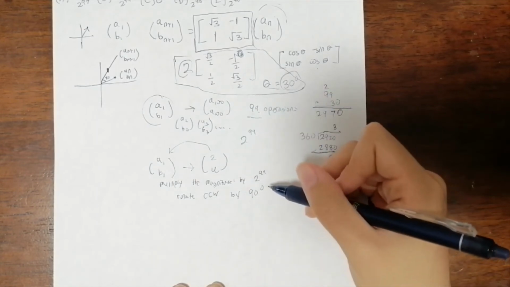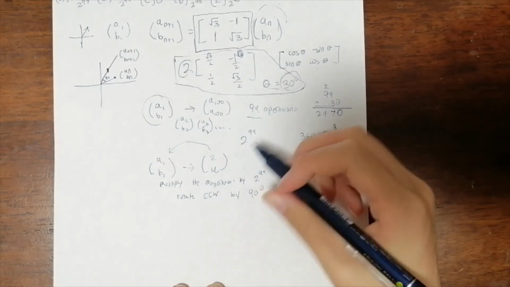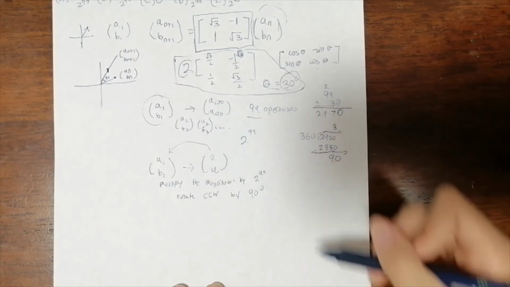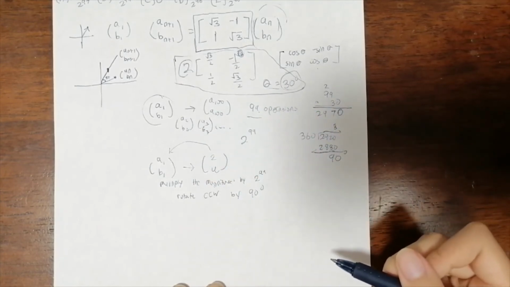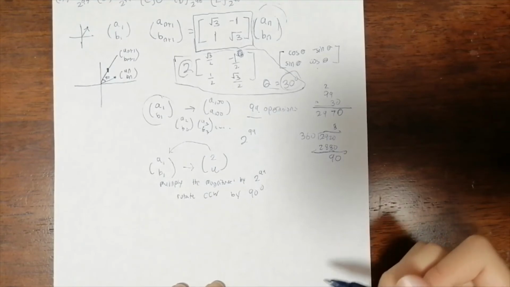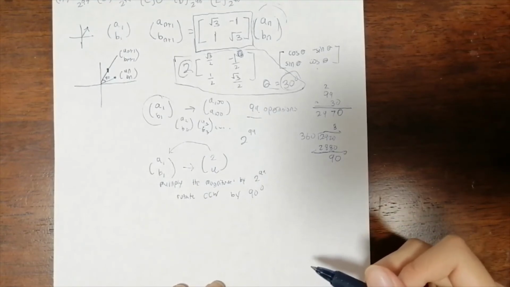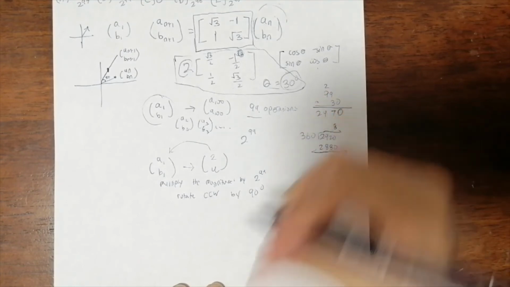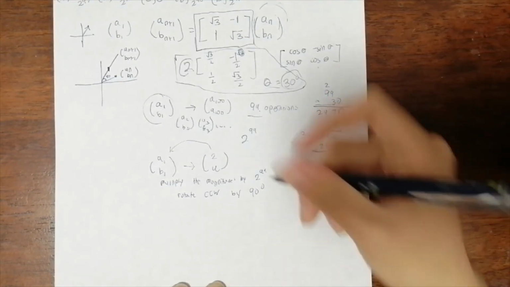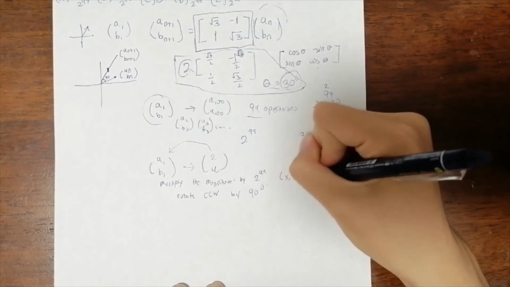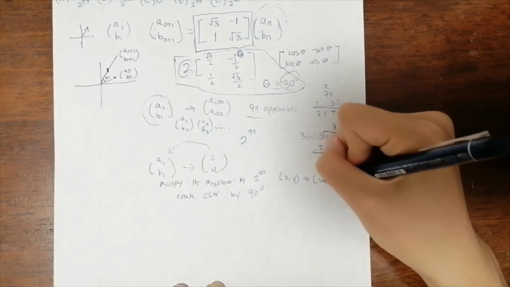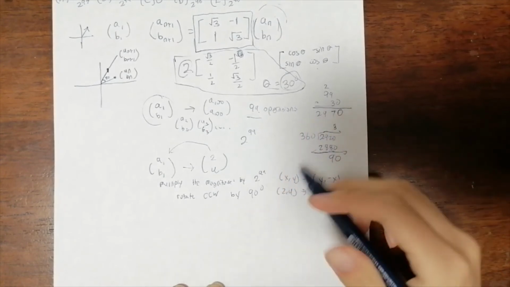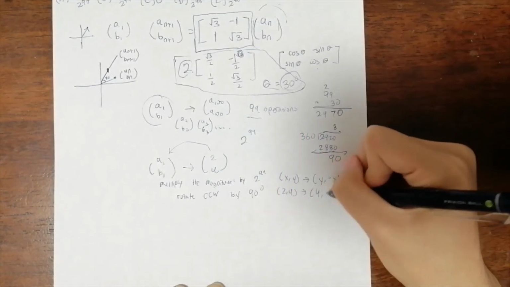First, let's rotate it clockwise by 90 degrees to undo this operation. A clockwise rotation by 90 degrees maps the point (x, y) to (y, negative x). So (2, 4) would go to (4, negative 2).